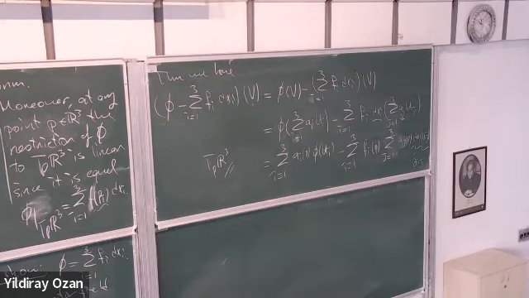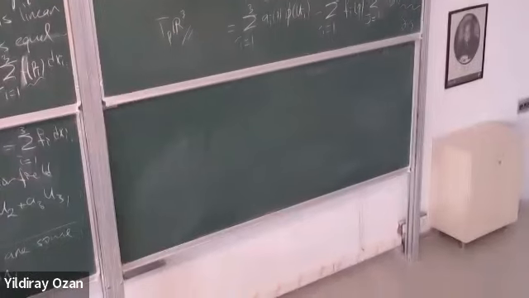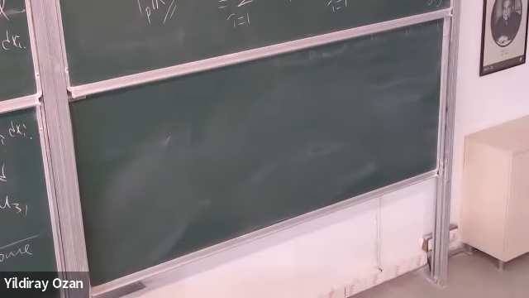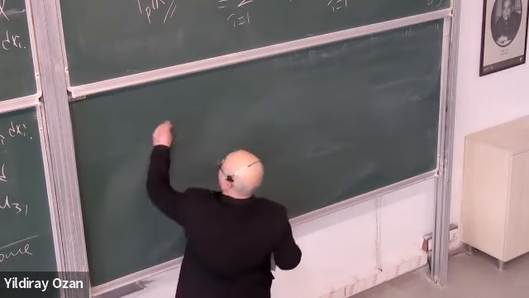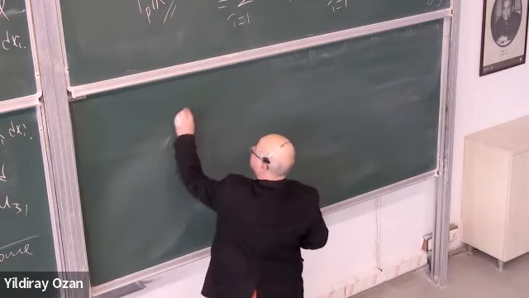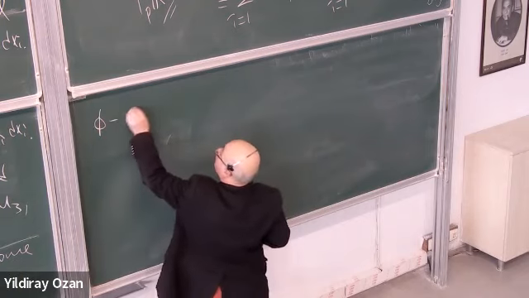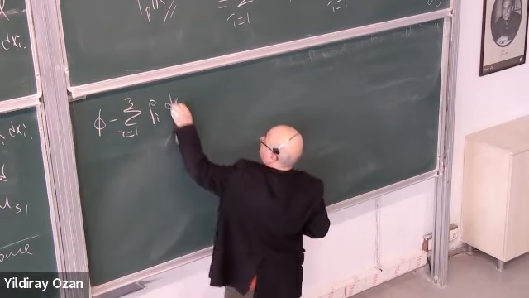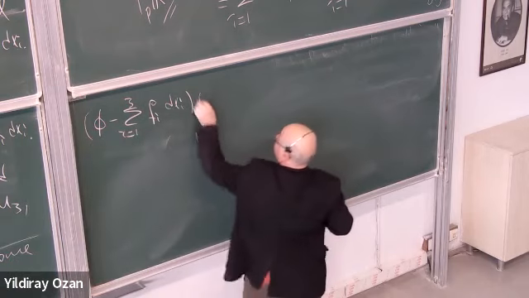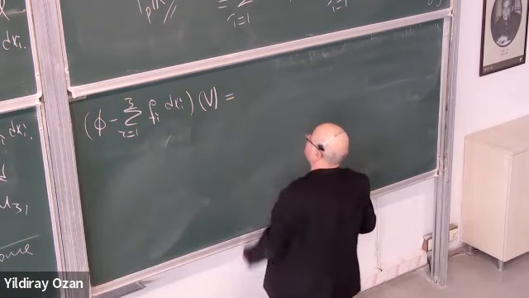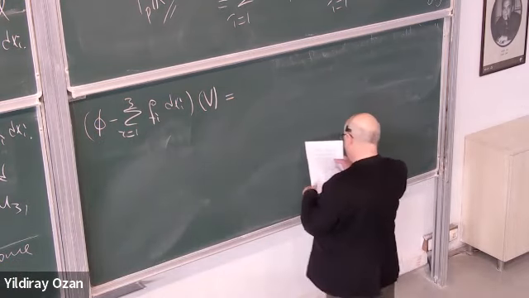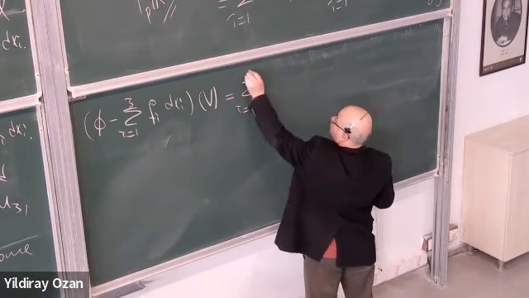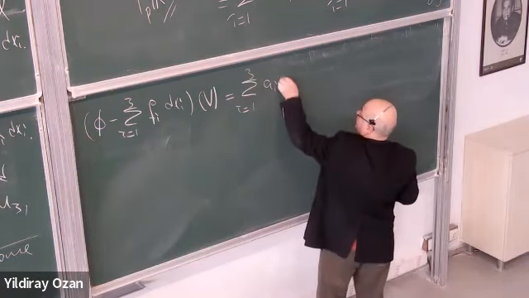All right, so let's come back. Now, that expression is equal to phi, sum i from 1 up to 3, fi dxi evaluated on the vector field v, which is just the sum from 1 to 3 of aip.